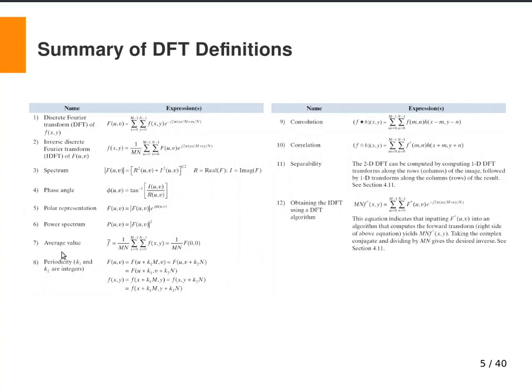We also talked about the average value, which says that the average value of the image can be derived from the zero frequency component of the Fourier transform as well. If you follow these two equations and replace the values for u and v with 0, you get to this conclusion.